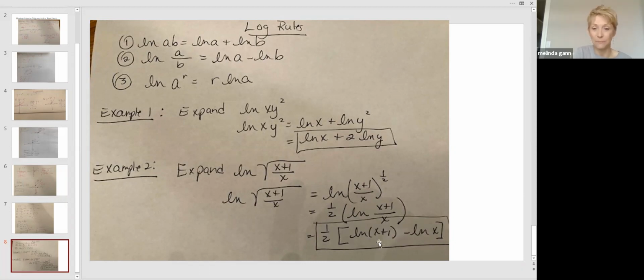So I'd back up and write this. Then I've got a number in front, and I can back that number up and make it a power. So if they want you to expand, you use this rule left to right. If they want it condensed, you use it right to left.